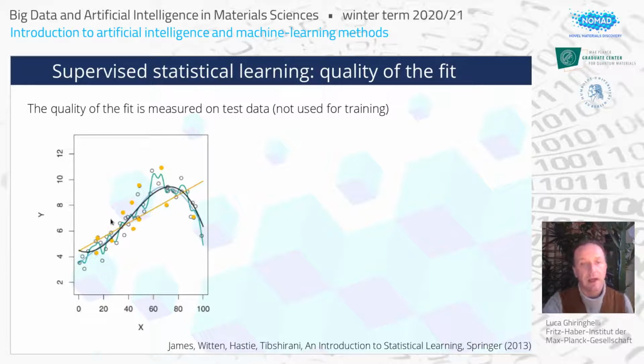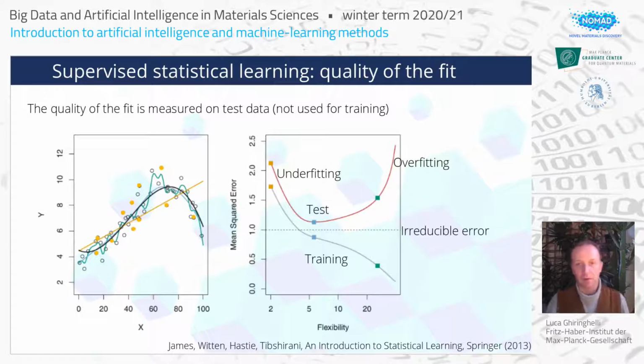And we have three kinds of models: a simple linear one, a more complex one with the black line, and an even more complex one with this wiggly blue line. So this is related to the flexibility of the model, essentially how many parameters we are going to fit in order to build our model. And the purpose of this figure is to introduce some terminology.